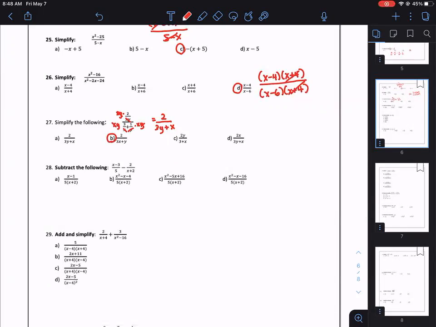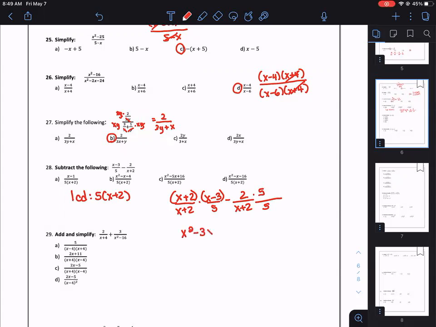So the LCD here would be 5 times x plus 2. Okay, so we're going to have multiplication of x plus 2 top and bottom. And then here we will multiply 5 top and bottom to get that common denominator. In the first fractions, we need to use the distributive property.